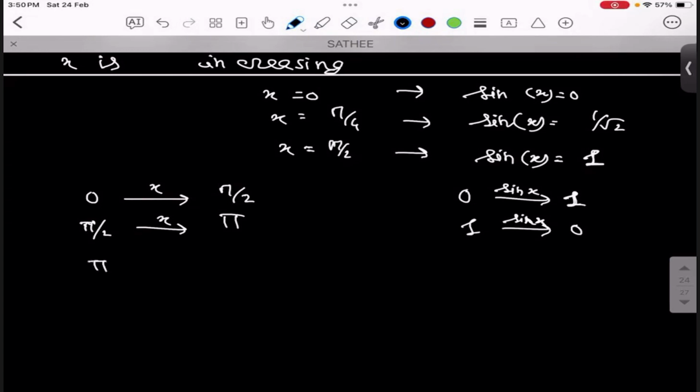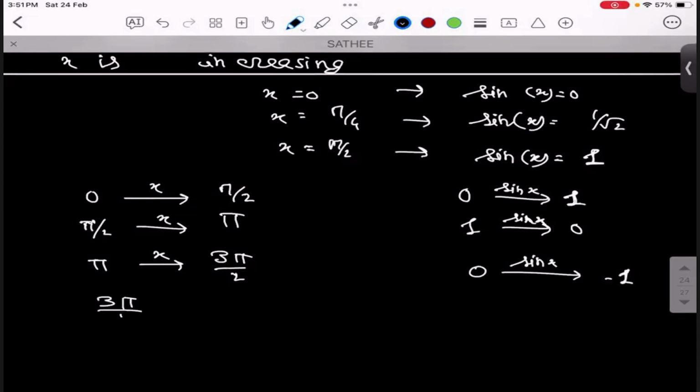As x goes from pi to 3 pi by 2, sin x goes from 0 to minus 1, and as x goes from 3 pi by 2 to 2 pi, sin x goes from minus 1 to 0.